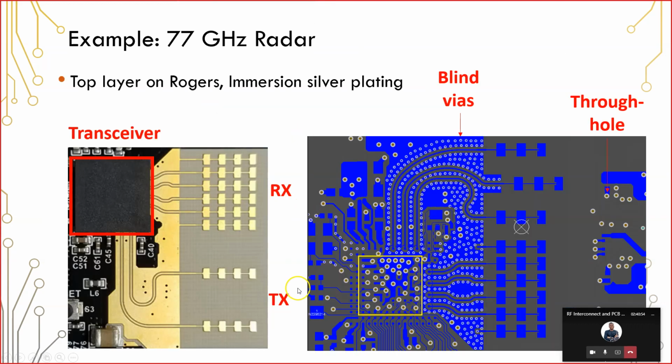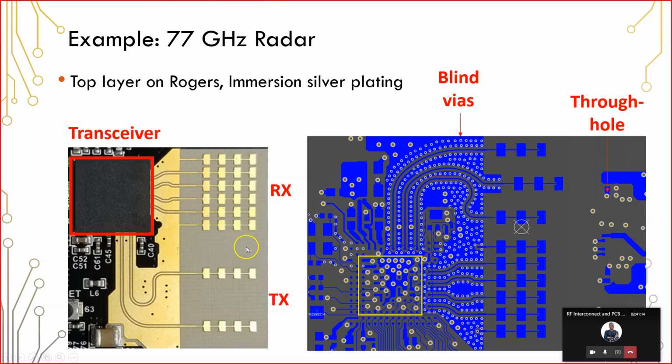Another example, where you can actually see how these lines are routed, is in a 77 gigahertz radar. There's a couple of reference designs that I like to show. In this left one, you can see this white background, this white substrate material. That is Rogers.